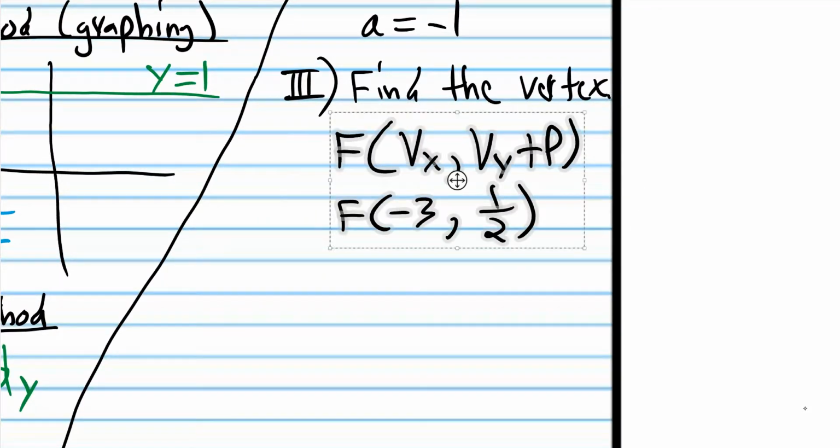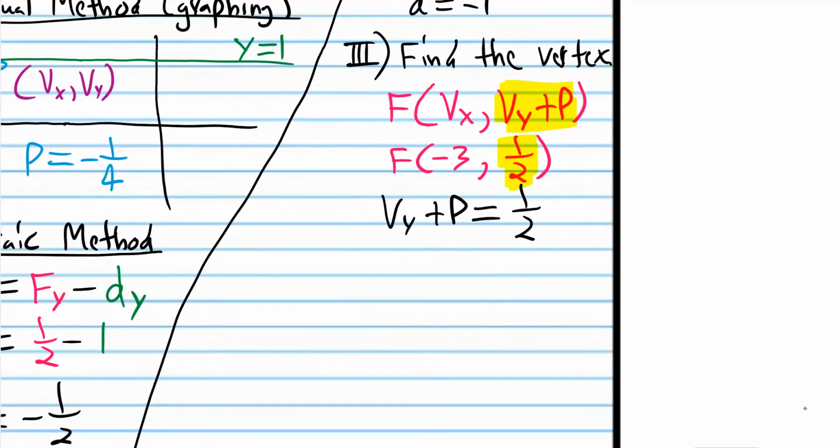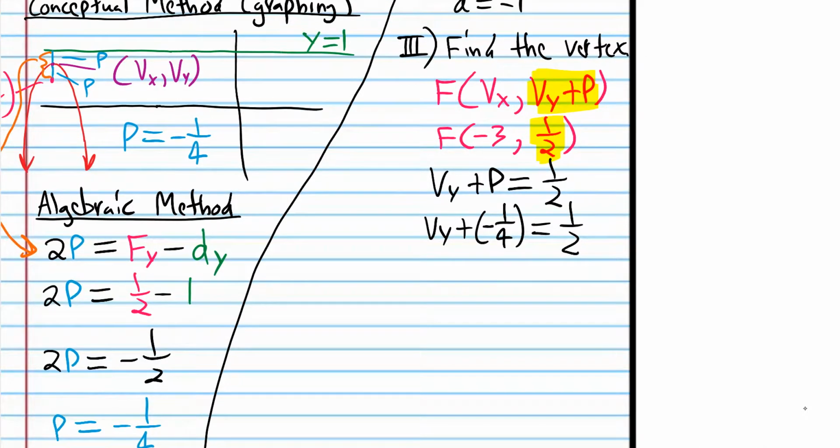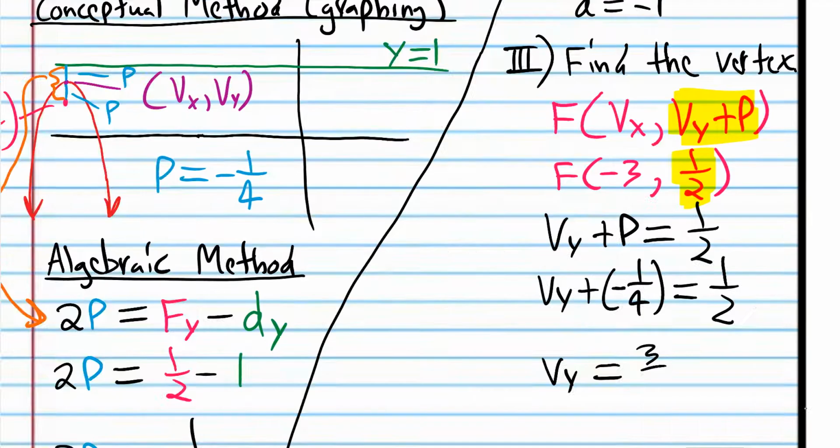So we know the 1/2 must be equal to the y value of the vertex plus p, and we know p is negative 1/4. Then we can add 1/4 to both sides, and we see that the y value of the vertex is equal to 3/4.